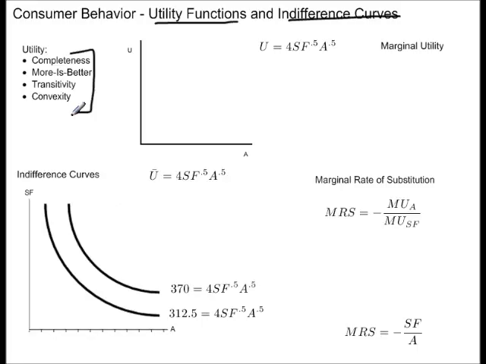Number 1, that there is a completeness to utility. That is to say that for every possible set of goods that exist in the world, you know how happy or how satisfied that combination of goods would make you. More is better.